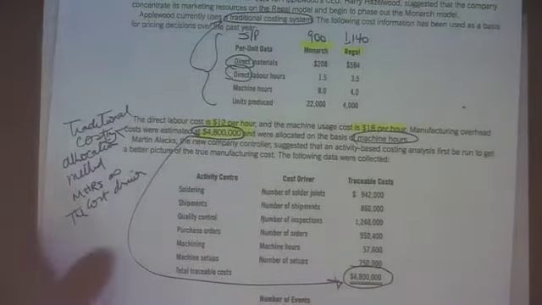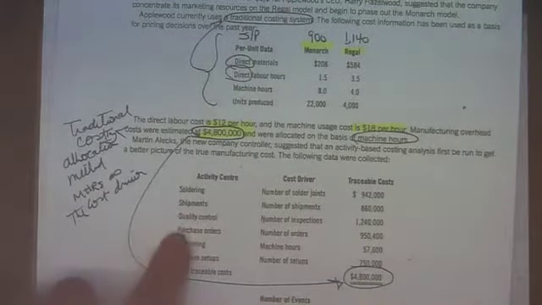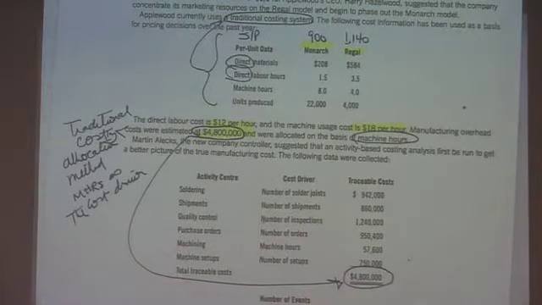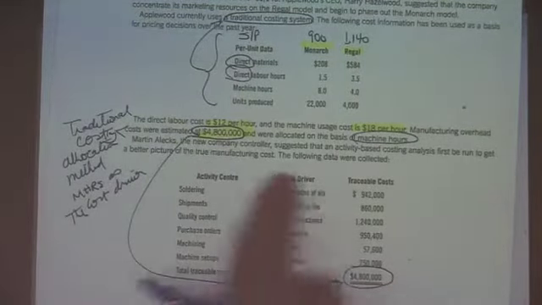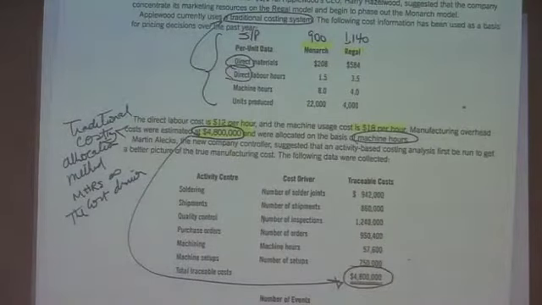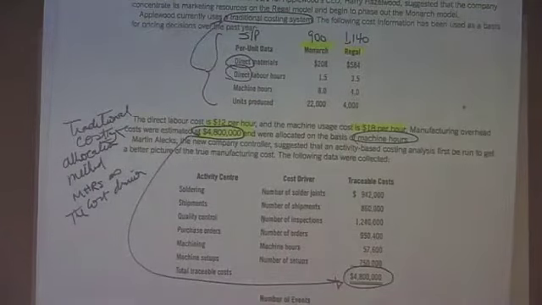So they've got soldering, shipping, quality control, purchase, machinery, and they also have a cost driver. Each of these activities has a cost driver, which is what we saw in the technical notes for ABC.